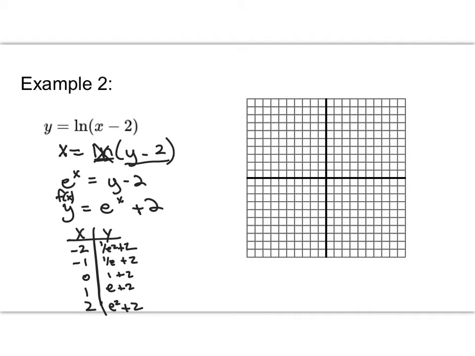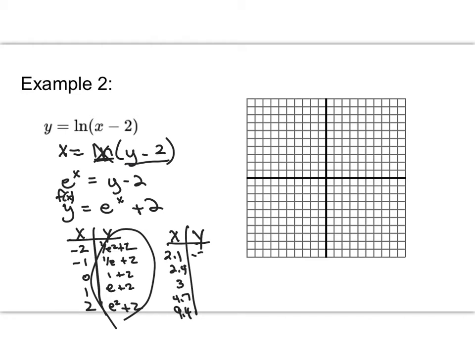But don't get me wrong, I love these exact answers. So we're going to put them into a decimal approximation, and we're going to switch the x and y values around. So 1 over e squared plus 2 is about 2.1. 1 over e plus 2 is about 2.4. 1 plus 2 is, of course, 3. e plus 2 is about 4.7. And e squared plus 2 is around 9.4.